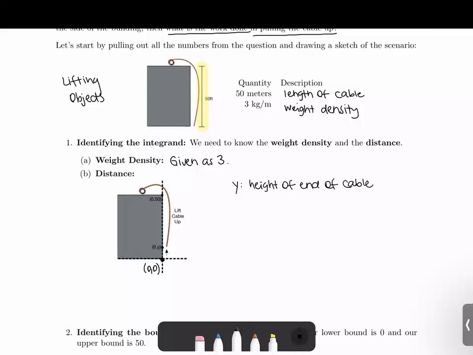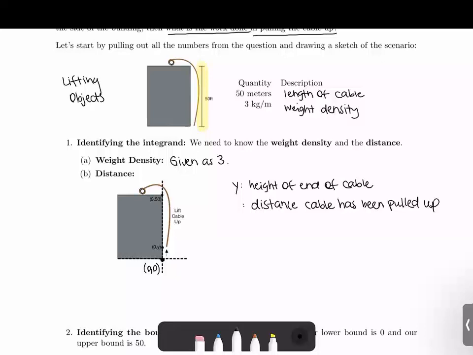Once we lift it up, y is just going to track that cable as it lifts up. If y is the height of the end of the cable, it's actually going to be the same as the distance the cable has been pulled up. So these are going to be the same distance.